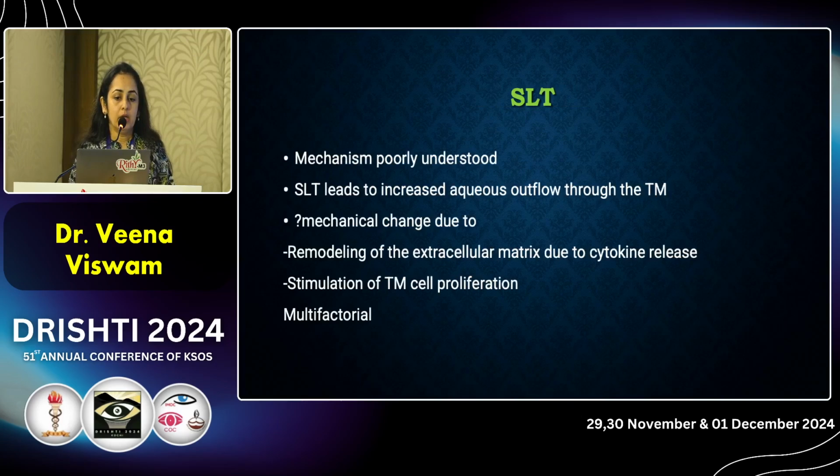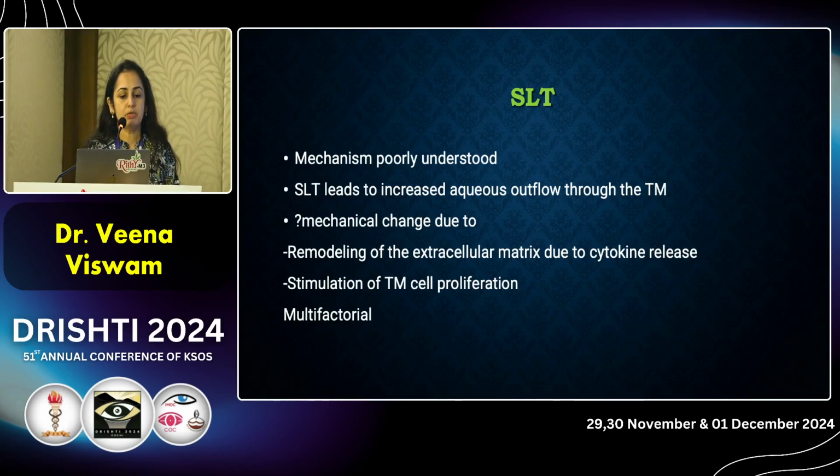Now, a newer modality which is gaining popularity is selective laser trabeculoplasty. We know that this procedure is coming recently and gaining popularity. The mechanism is not completely understood. Still, we know from the studies that SLT leads to an increased aqueous outflow through the trabecular meshwork.